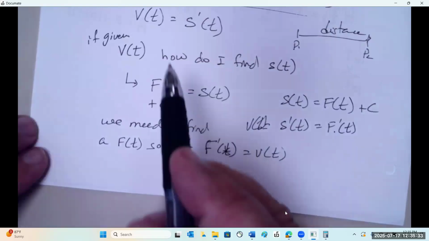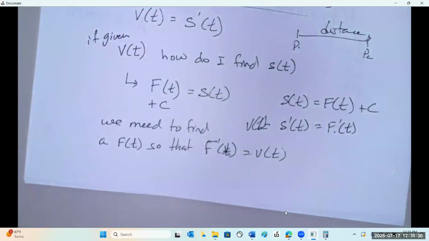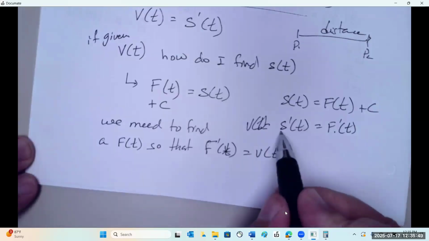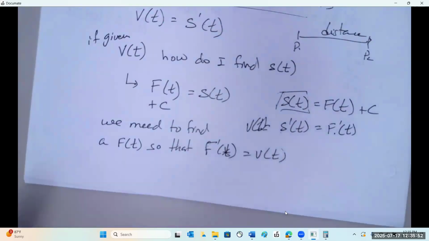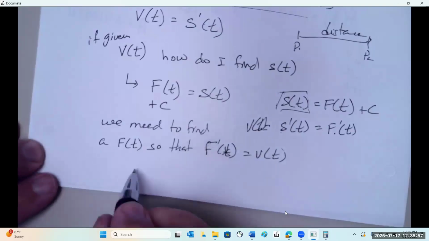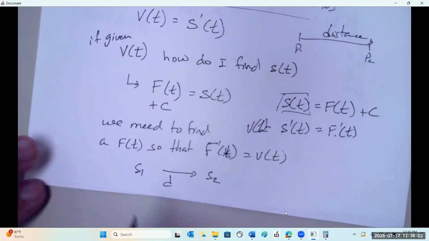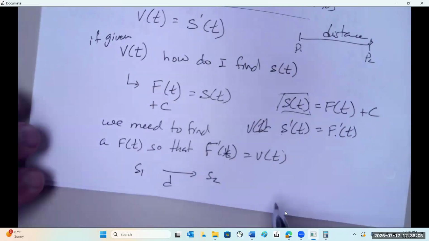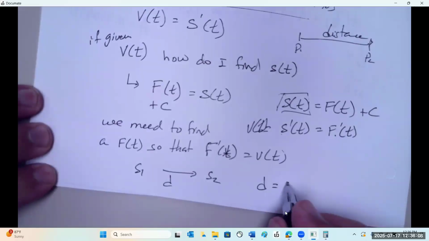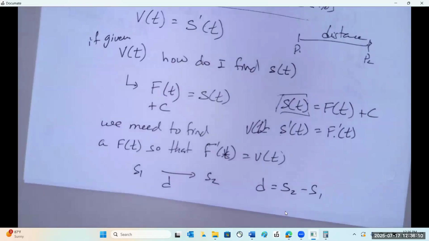Why do we need to know this? Because velocity is the change of distance, the change of position over change of time. Position, distance is relative to position. So pretty much the displacement function, the S function, tells us if we start here and go here, if S1 is here and moves to S2 here, we can measure and find out the distance from there. How? Distance is S2 minus S1.